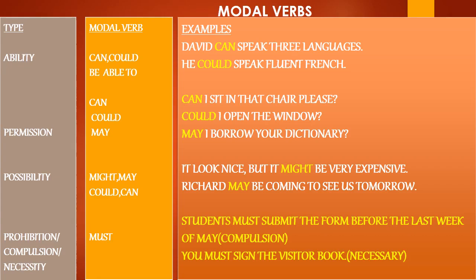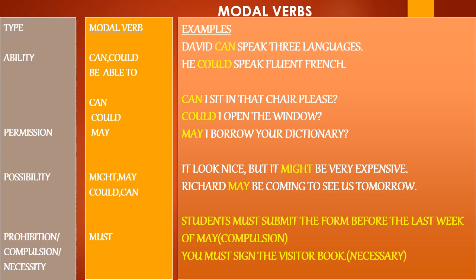Then in permission we have can, could, may. In possibility, might, may, could, can, which means can, could, may, might express possibility. Then next is must. It expresses prohibition, compulsion, or necessity. Here are some examples. Let us begin with the examples of ability.